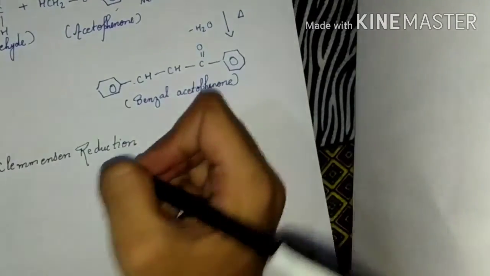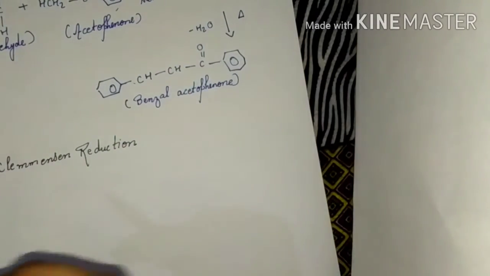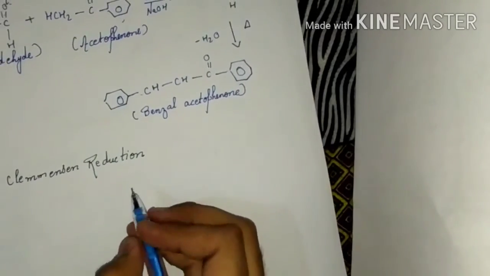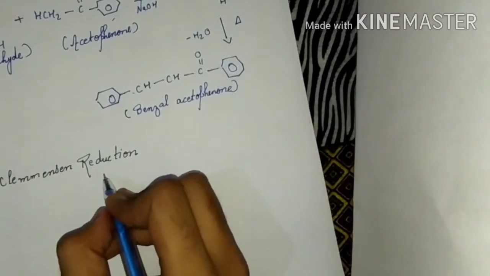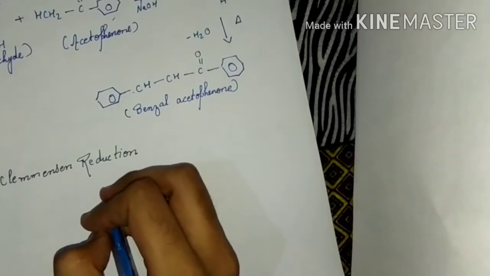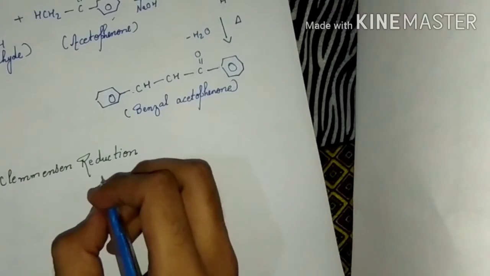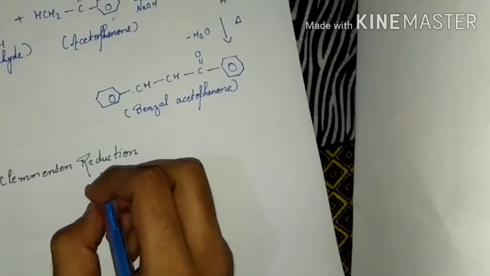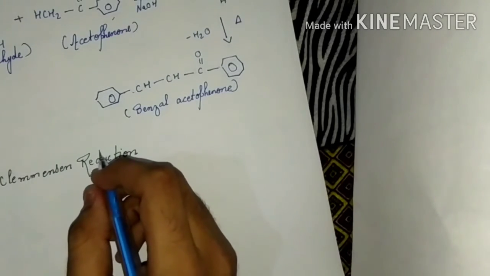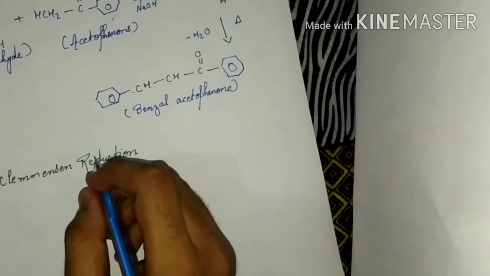Always you can predict by the name of the reaction what it is doing. Just remember, this is a reduction reaction. So what happens is that aldehydes or ketones with zinc amalgam, Zn-Hg, in the presence of concentrated HCl give the corresponding hydrocarbon.